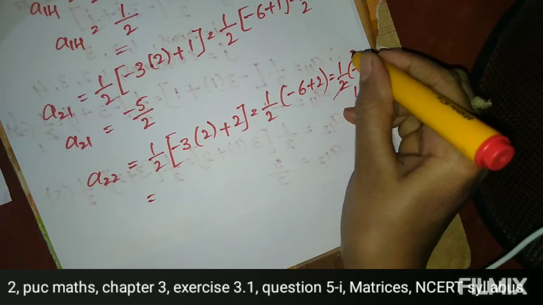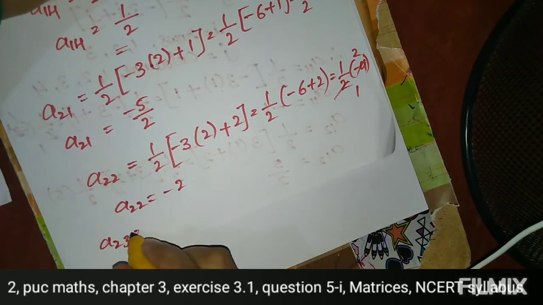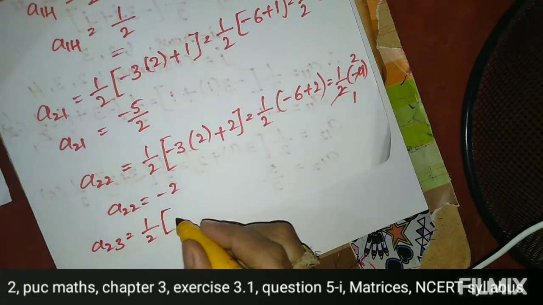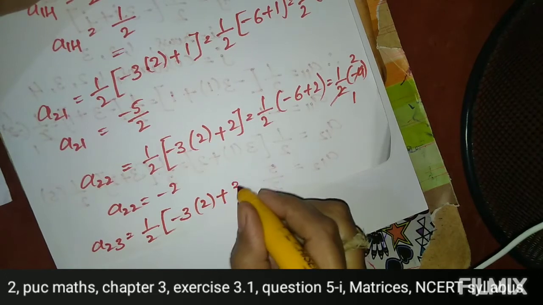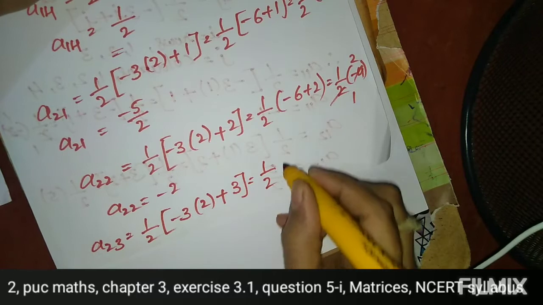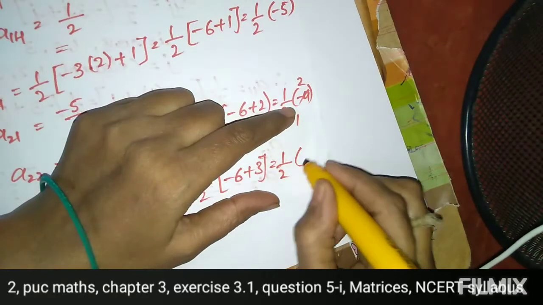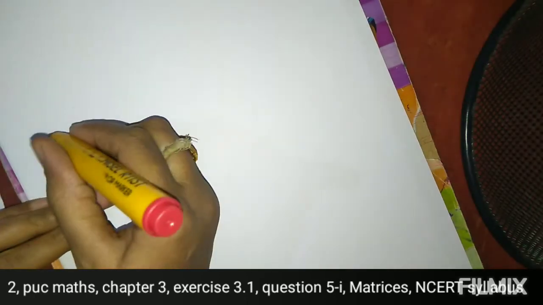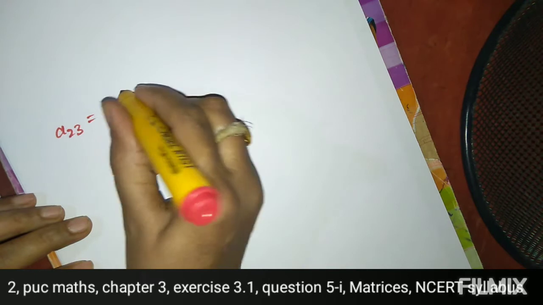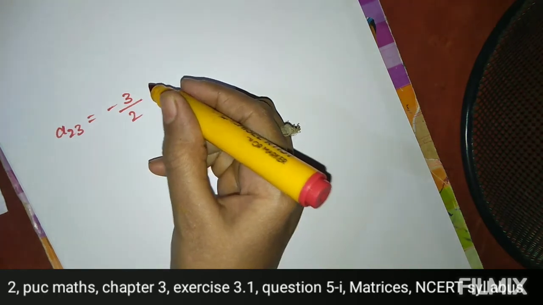Then A22 is 2. And then A23 = half into |−6 + 3| = half into 3. Then A23 is 3/2.